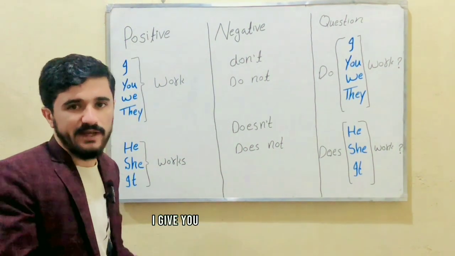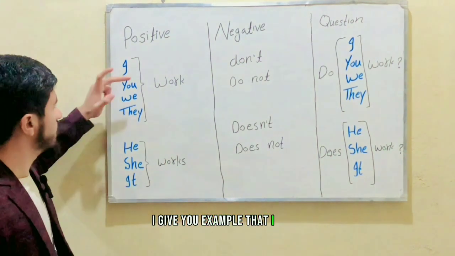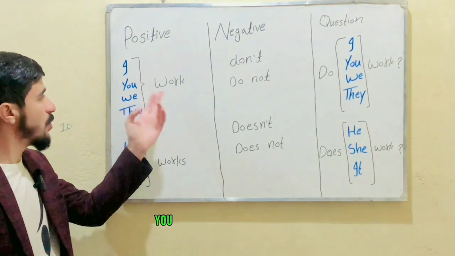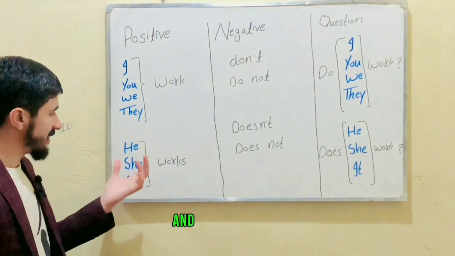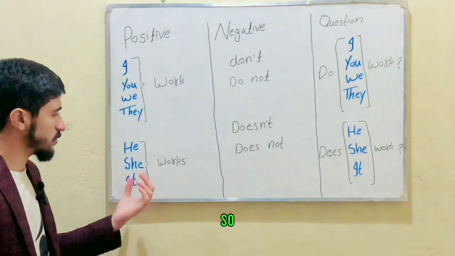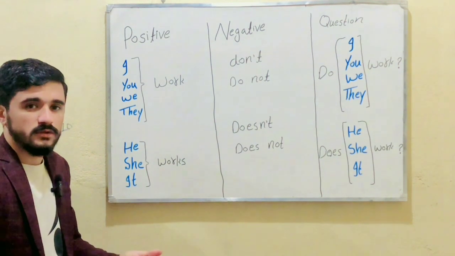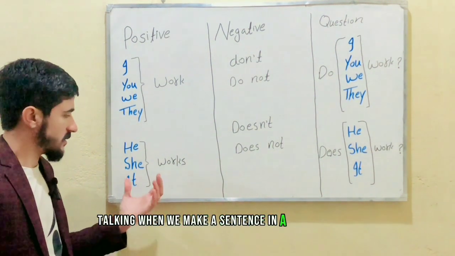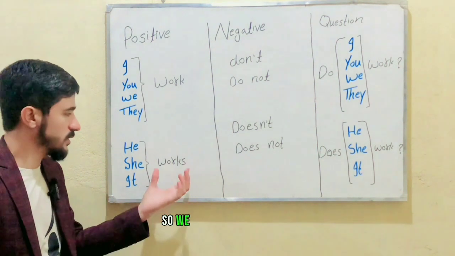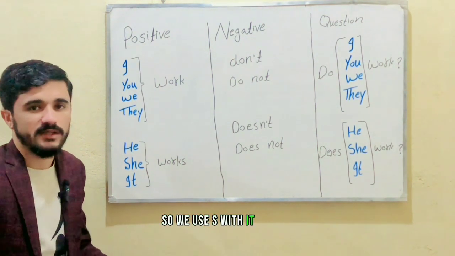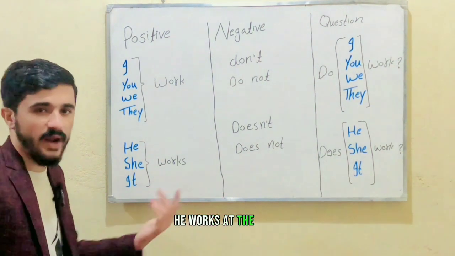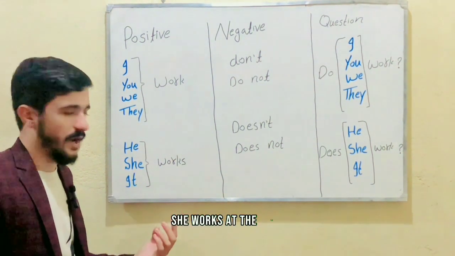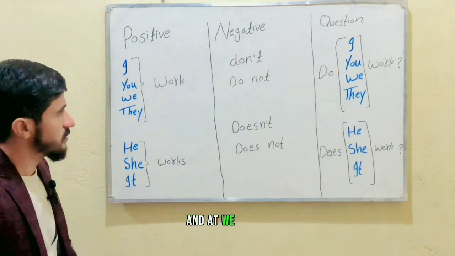For example, I work, you work, we work, they work, and there is he, she, it. When we make a sentence with a singular person, we use s with it. Like he works at the bank, she works at the bank, and for it we leave it.